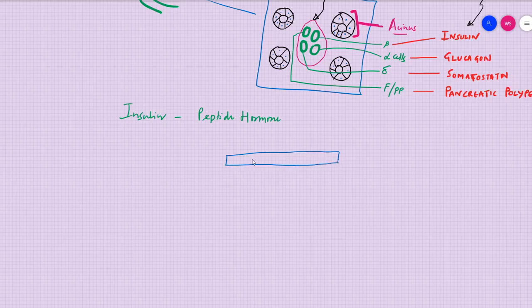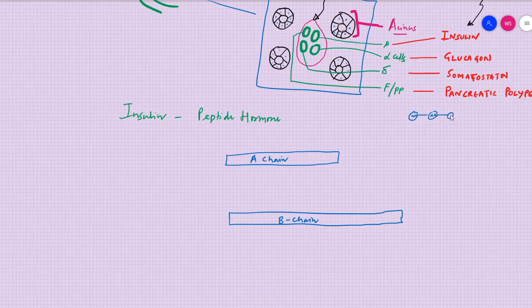There is a shorter chain which is called the A chain, and there is a longer chain which is called the B chain. What is this chain? This is a chain of amino acids. Inside we've got amino acids which are linked to each other by the peptide bond.